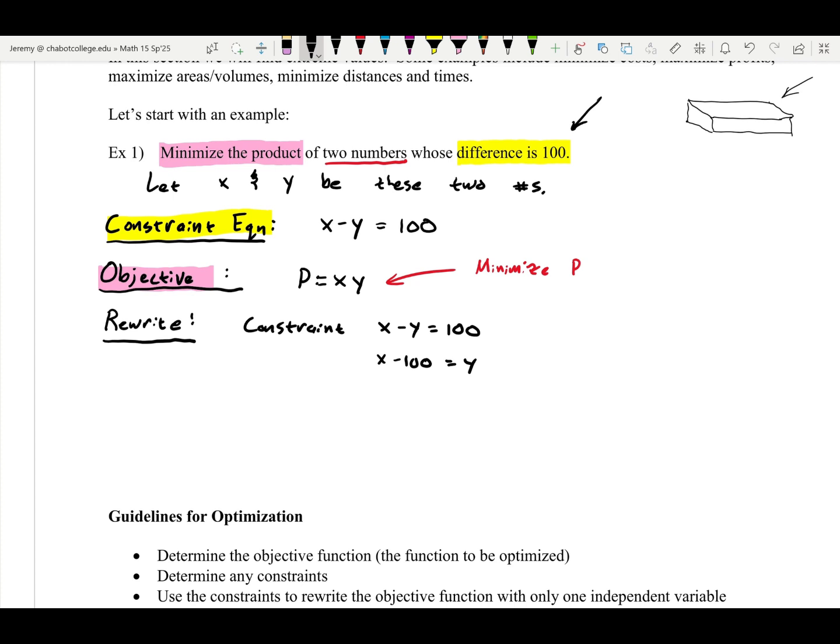And what I can do now is substitute in x minus 100 wherever I see y in my objective equation. So that's our constraint. Now going back to our objective, I can rewrite P as being equal to x times, instead of y, I'm going to put x minus 100.